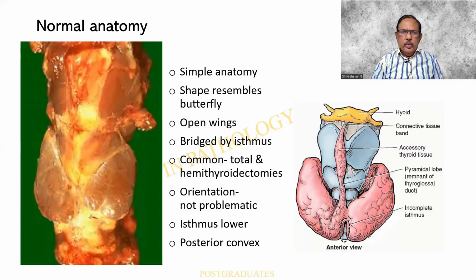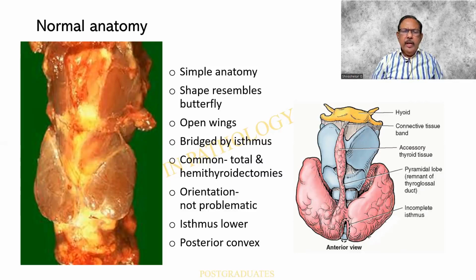Now, thanks to WebPath, this is the normal anatomy. You find that it is quite simple. The organ is butterfly shaped with open wings, bridged by means of the isthmus. There are certain common terms such as total and hemithyroidectomies.